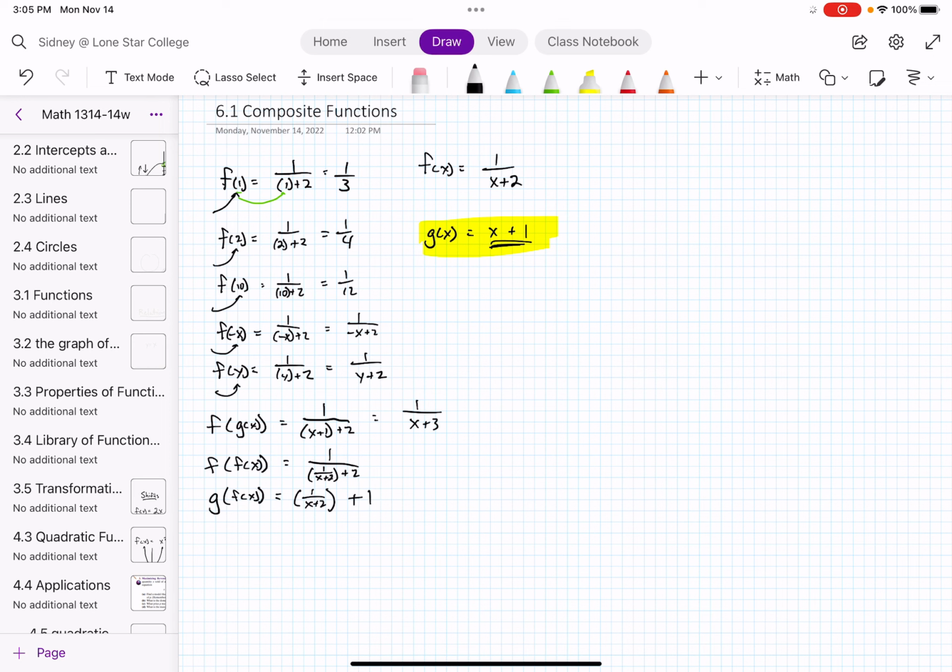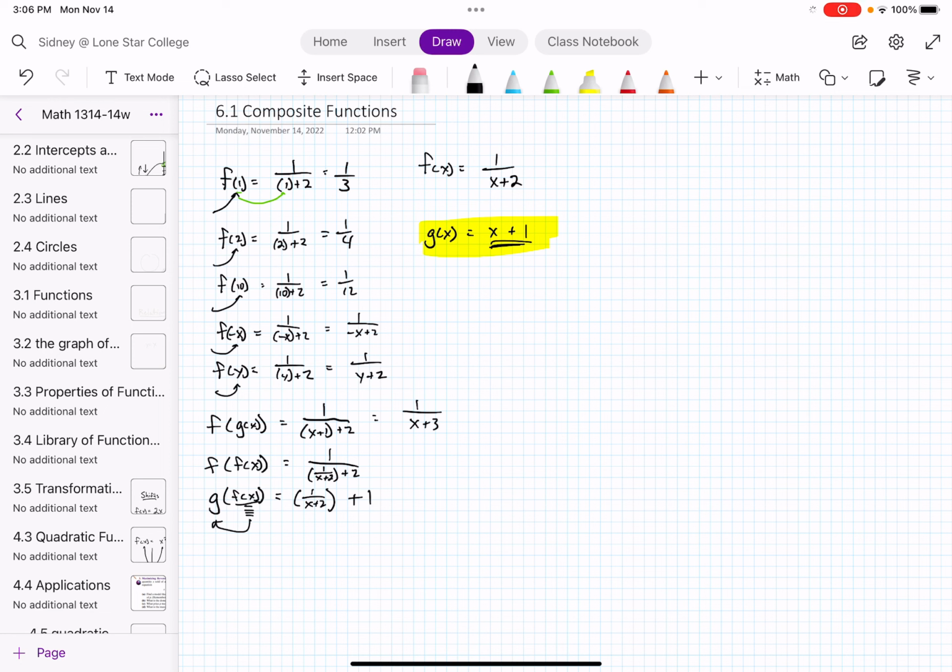We can plug anything into anything: the f function into the g function, the f function into itself, the g function into itself. We can plug in all these things. Your job is to simply follow the instructions given by plugging in what's inside the parentheses into the function that came first, the function that's outside the parentheses.